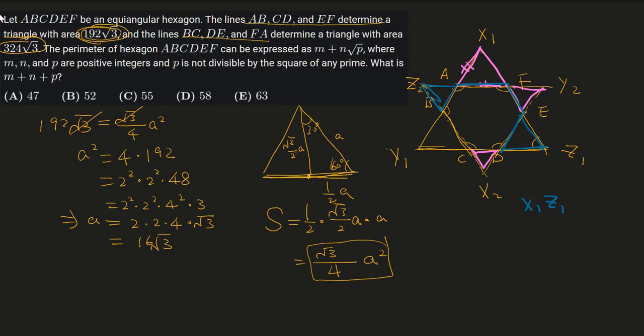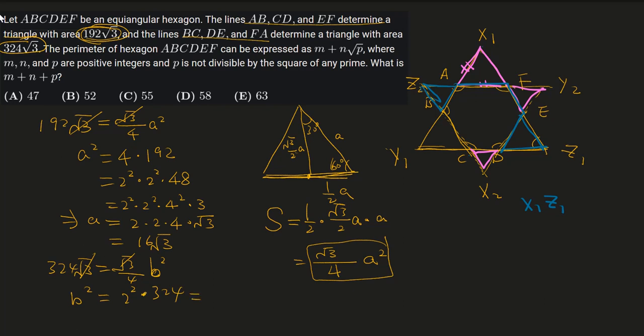Then we can do the same with this 324 times square root 3. So 324 square root 3 equals square root 3 over 4 times, let's call this B squared. Then we cancel these two square root 3's. We have B squared equals 4, that's 2 squared, times 324.